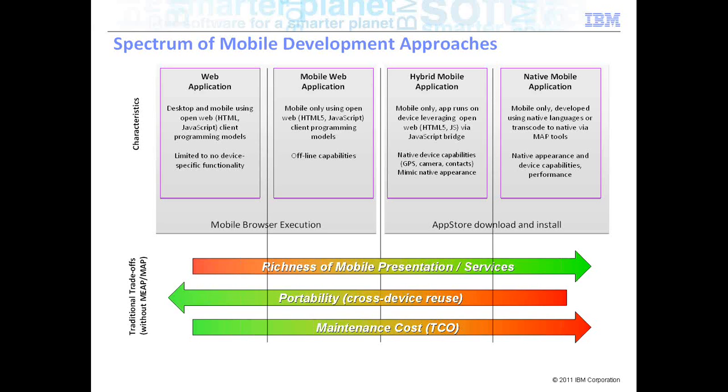So the benefit of this is that I need not open my browser. I can just open this application. These applications get installed on my device, but behind the scenes they still go on and talk to a server.